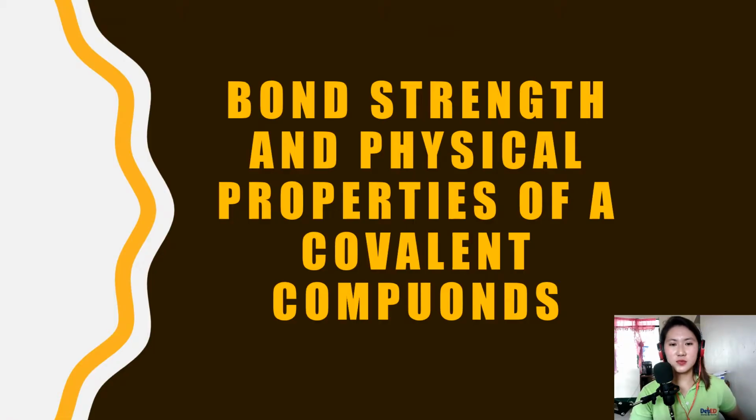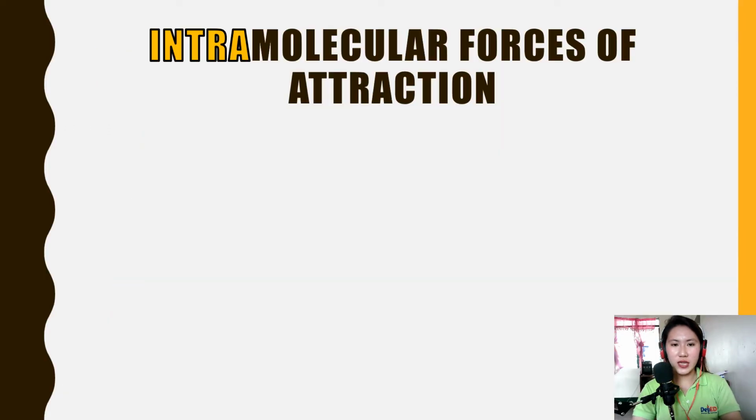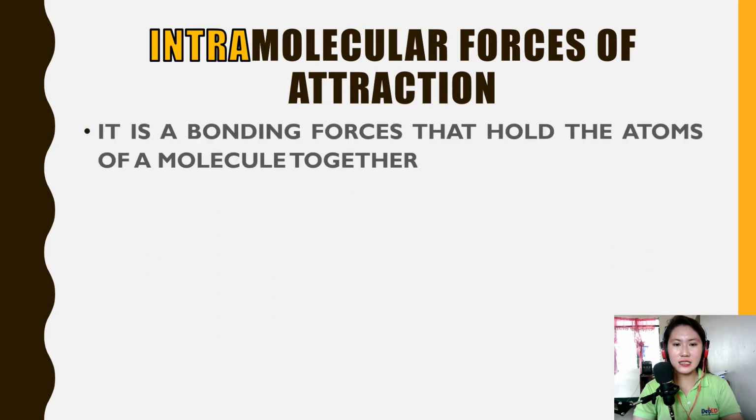So now let us proceed to the bond strength and physical properties of a covalent compound. Before anything else, let us first discuss the difference between intramolecular forces of attraction and intermolecular forces of attraction. First, intramolecular forces of attraction are bonding forces that hold the atoms of a molecule together.